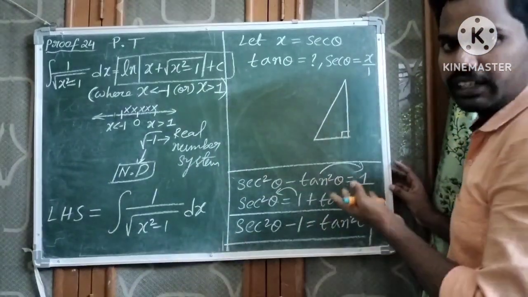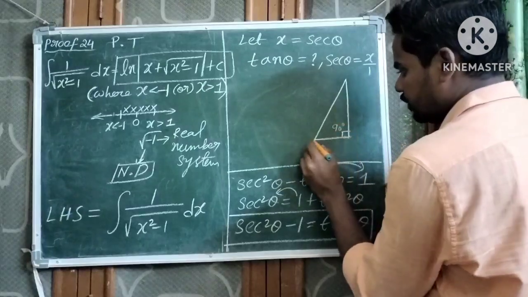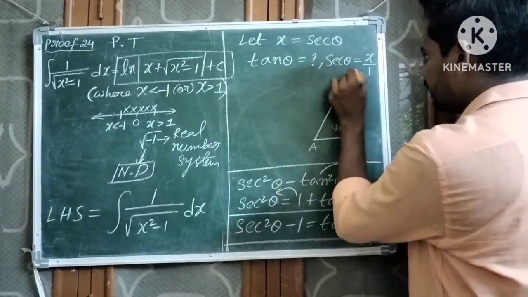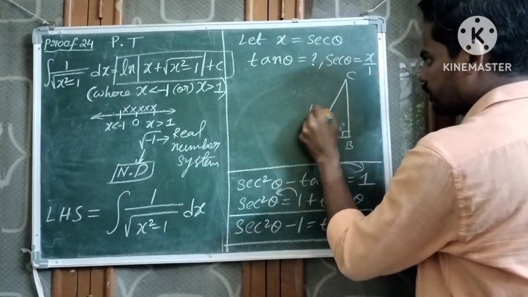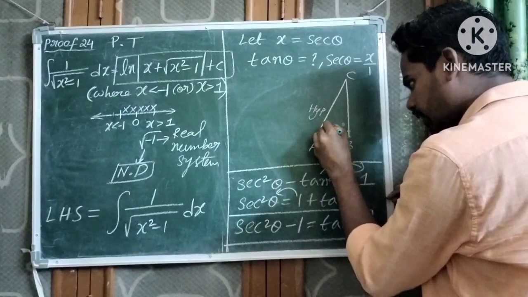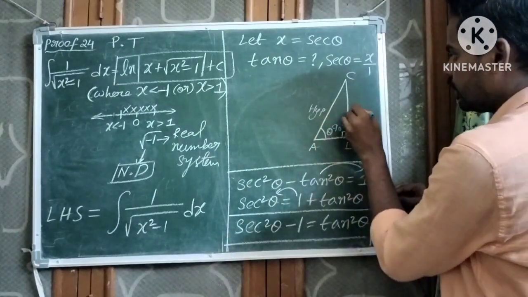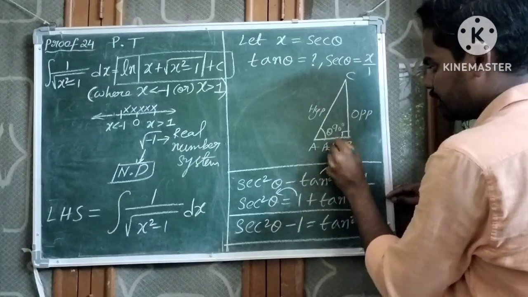All are derived from the right angle triangle only. So let us consider a right angle triangle ABC, with the right angle at 90 degrees. The side opposite to the right angle is called the hypotenuse. Let us consider this angle theta. The side opposite to theta is the opposite side, and the remaining side is the adjacent side.